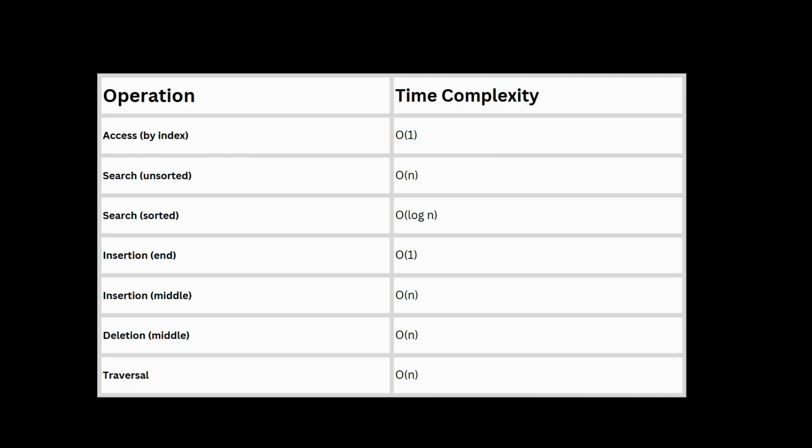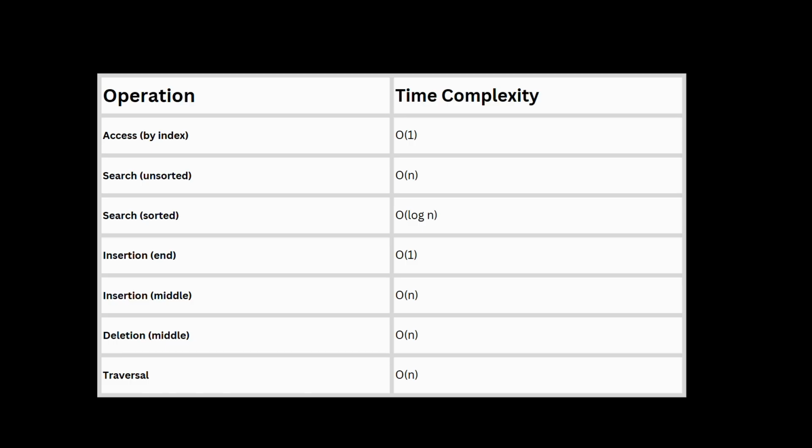And second thing is searching. For unsorted arrays, the elements present in that array are jumbled, like a bigger value and a smaller one are interchanged. In that case, we can search the elements using index, so that time complexity is order of 1.